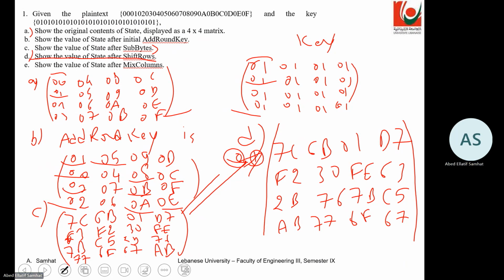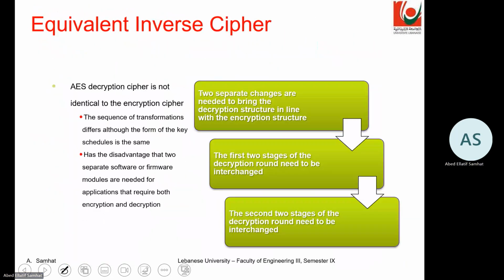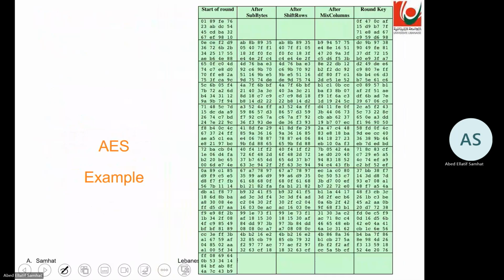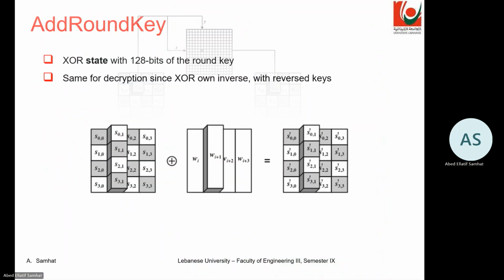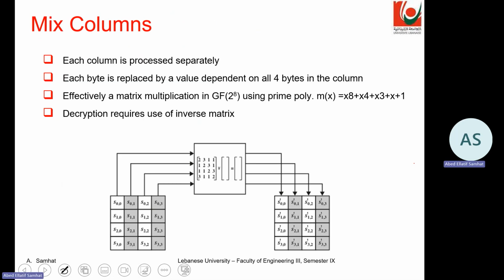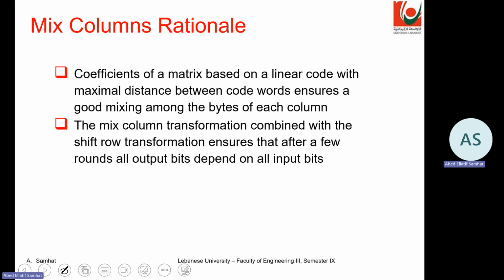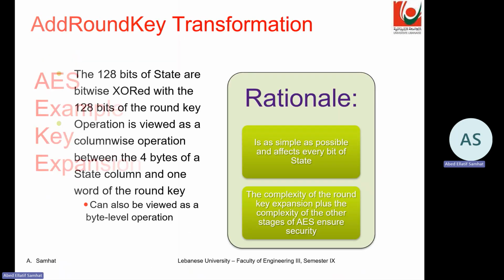Okay, and we want to find the value of the state after mix column. Remember that mix column, as we said, is a kind of operation done here. This means that we should apply the terms by those parameters. So the easy way to do it is like this.